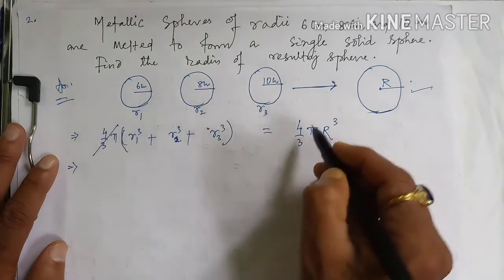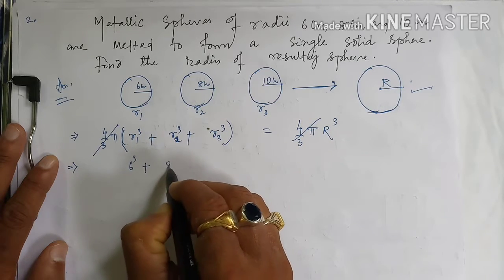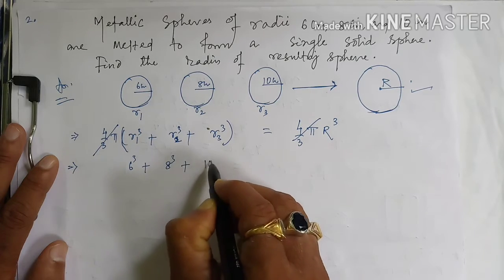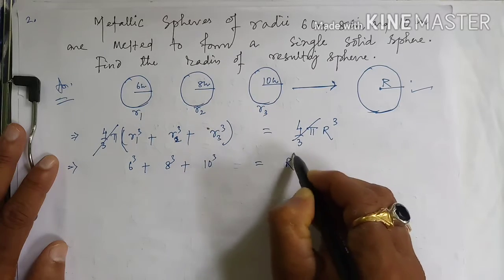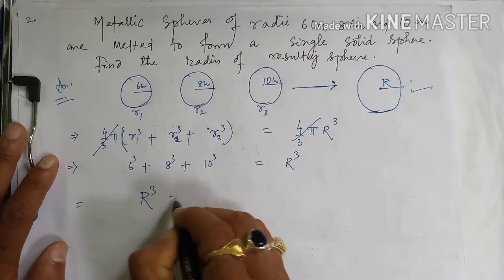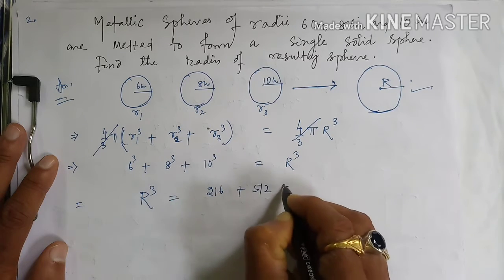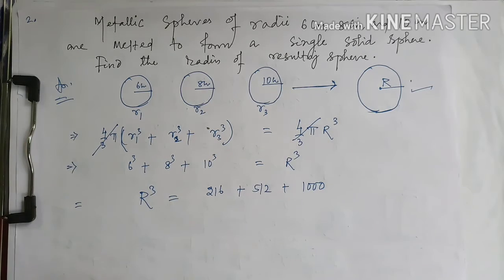Now cancel 4 by 3 pi: 6 cube plus 8 cube plus 10 cube equals R cube. So R cube is 216 plus 512 plus 1000.